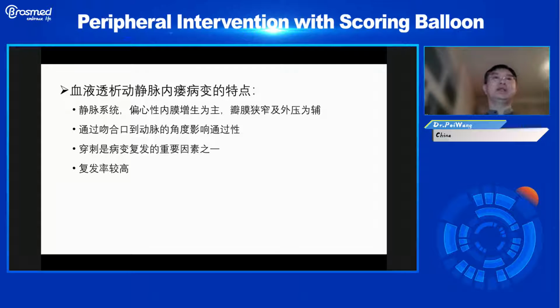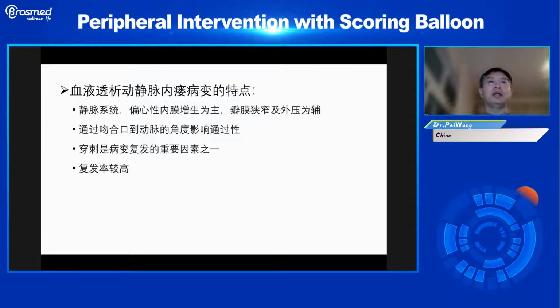As for the AVF, that is the venous system issue, we could see eccentric intimal hyperplasia, and in some cases valve stenosis and external pressure.